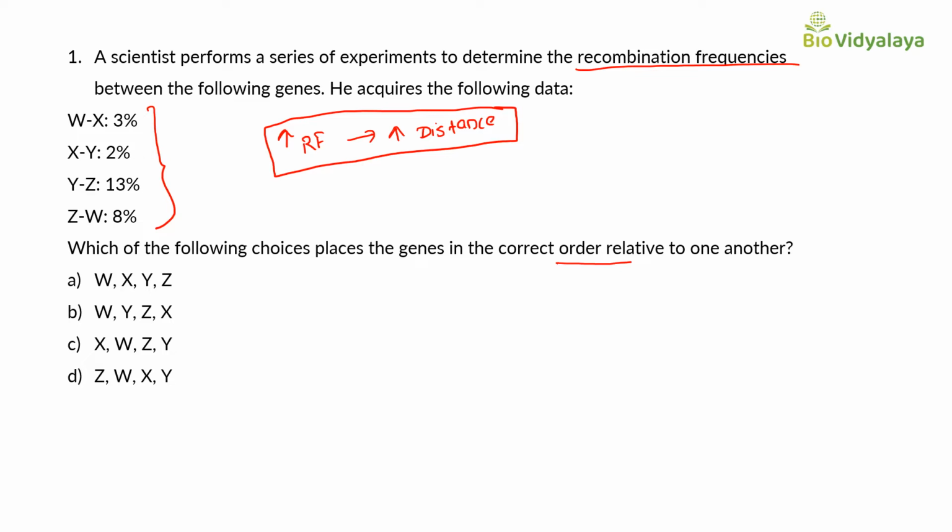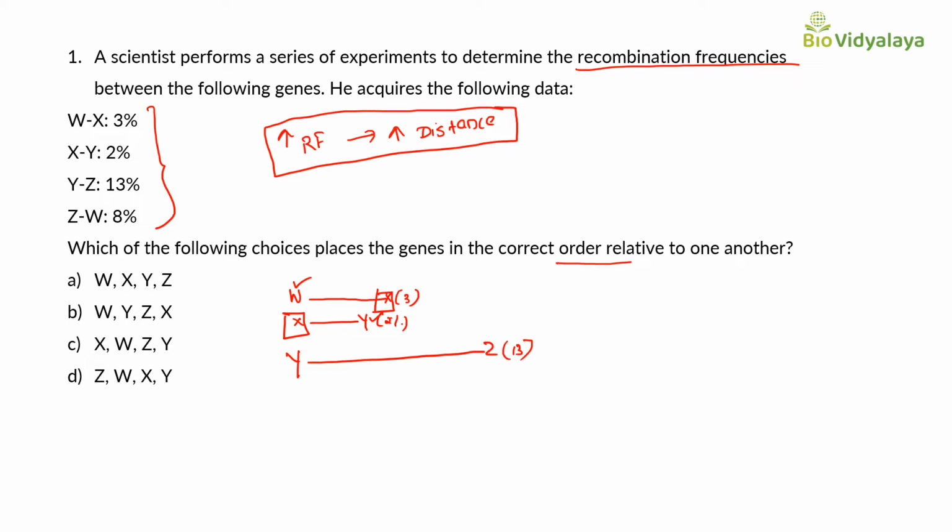Here you can see the recombination frequency between W and X is 3%. And XY, 2%. So you can see that the gene X is closer to W and Y. Next, YZ 13%.